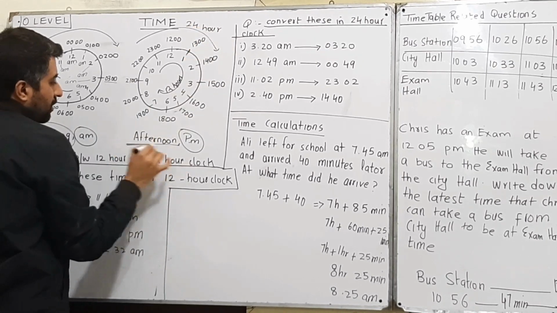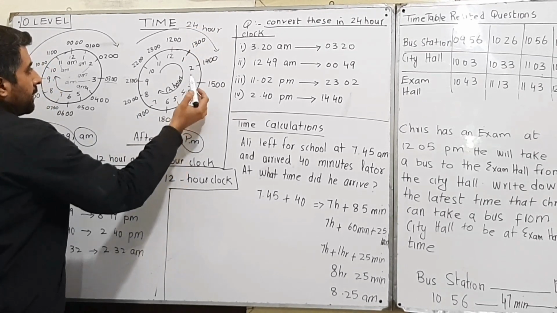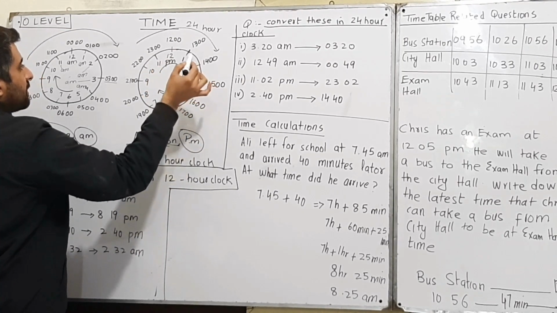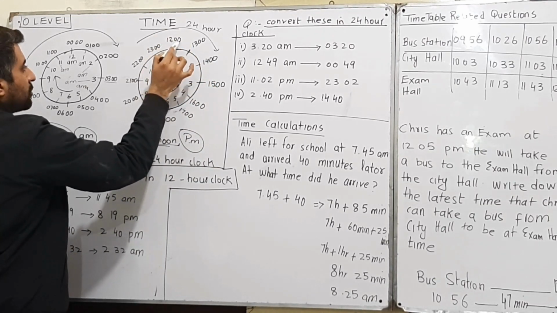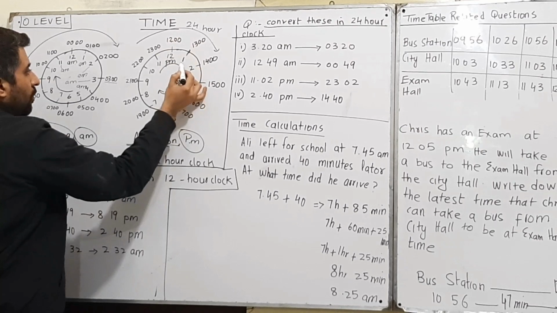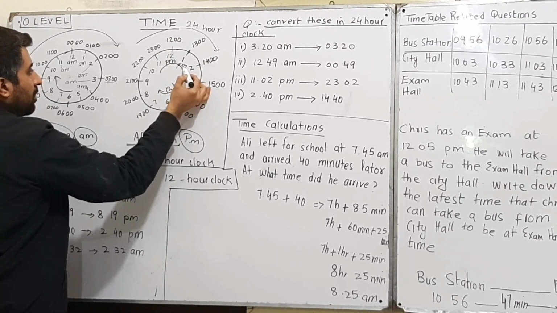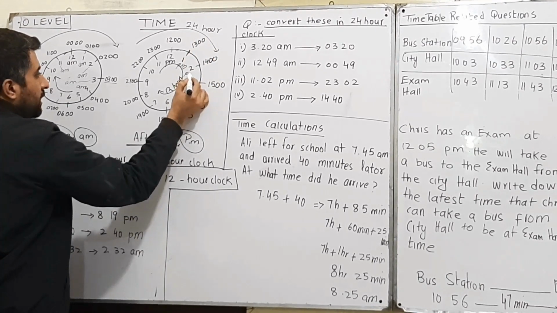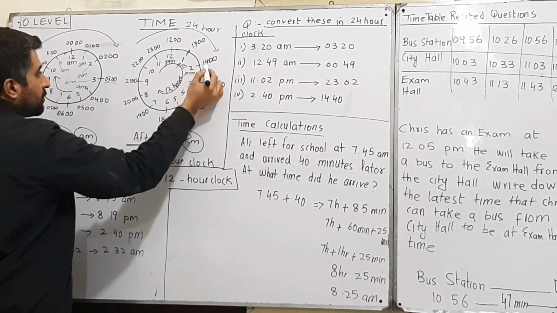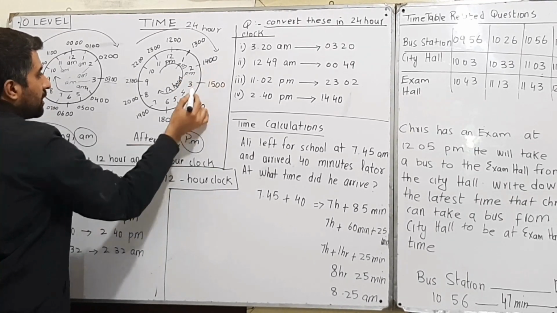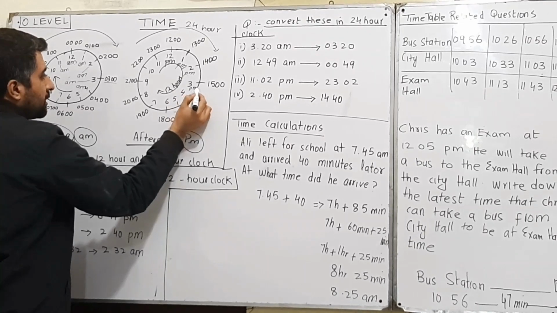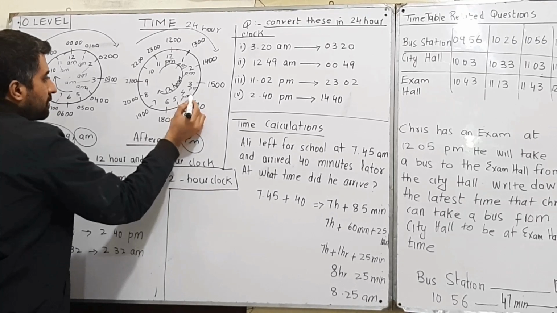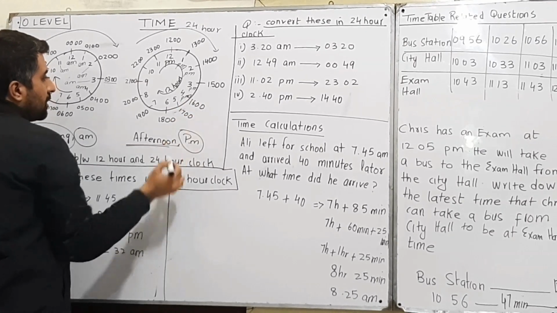So when you have 12 PM, that is represented by 1200 in the 24-hour clock. 1 PM in 12 hour is 1300 in 24 hour. 2 PM is 1400. 3 PM is 1500. 4 PM is 1600 in 24 hours.